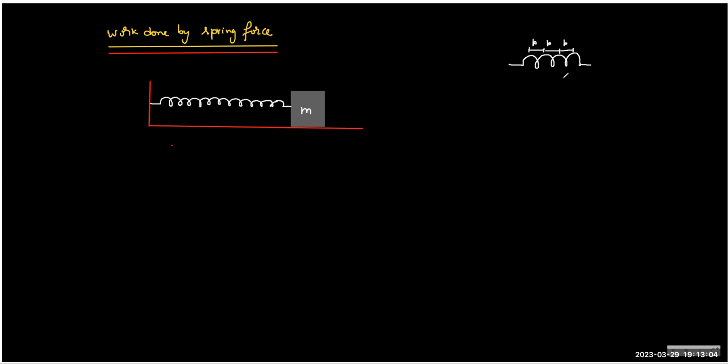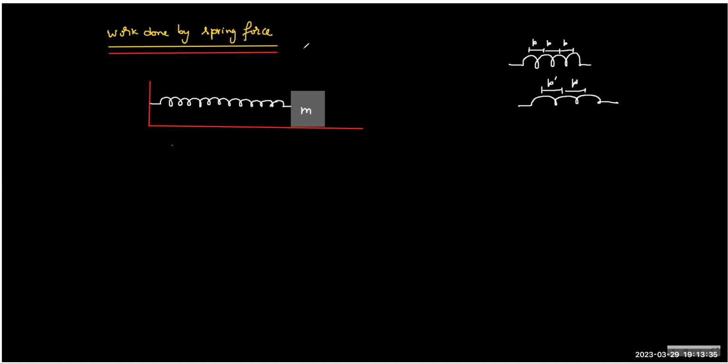And when you deform it, it will also remain the same. So if it is P and if you stretch it, the new pitch will still remain the same, although a new value. And of course, these springs are massless.